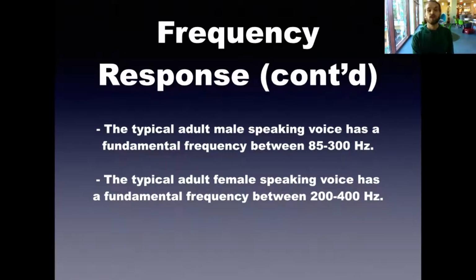The typical adult female speaking voice has a fundamental frequency between 200 and 400, so I'm in there. But keep in mind there are a lot of what are called harmonics, undertones and overtones that come with audio, so a microphone that sounds great on me might not sound great on you or somebody else.